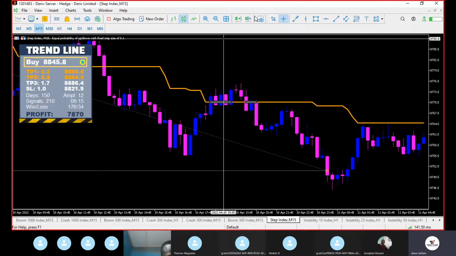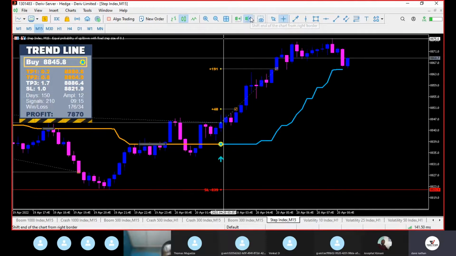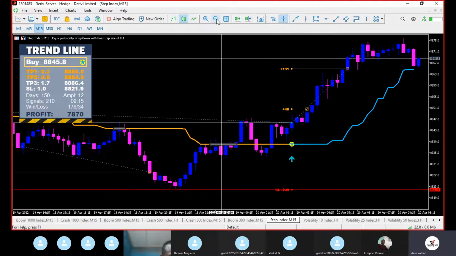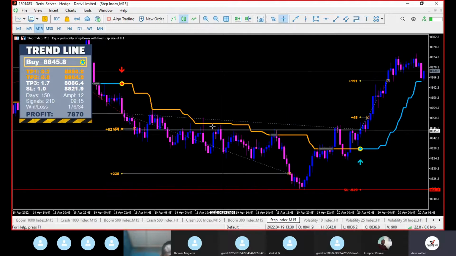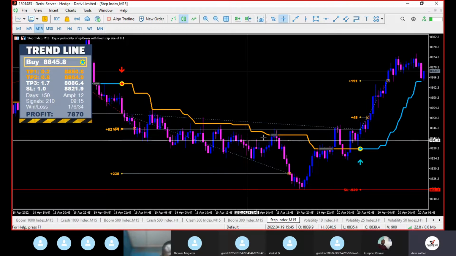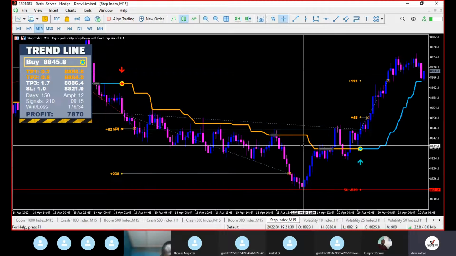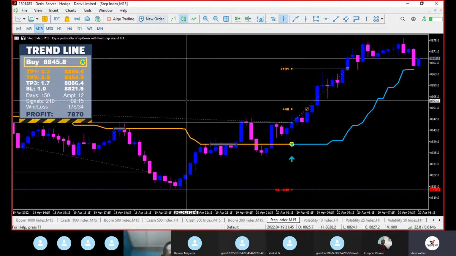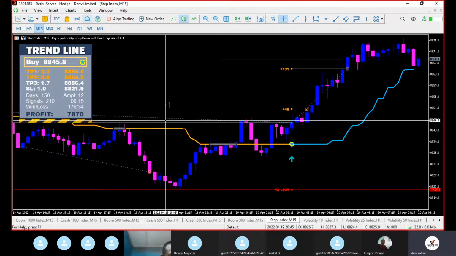So we can go on and on, trying to explain how the indicator works. And there's another thing about the indicator which I need you to understand. The yellow line and the blue line act as dynamic support and resistance. Dynamic support and resistance, I mean, is this.